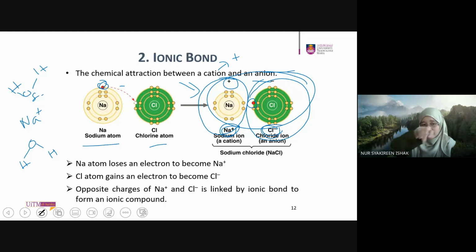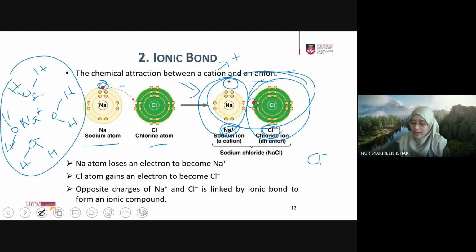The oxygen will be attracted to the sodium ion. So when water molecules surround this sodium ion, it makes the sodium ion dissolve in water. As for the chloride, because it has a negative charge, water molecules also surround the chloride ion to form a hydration shell. This we call a hydration shell.